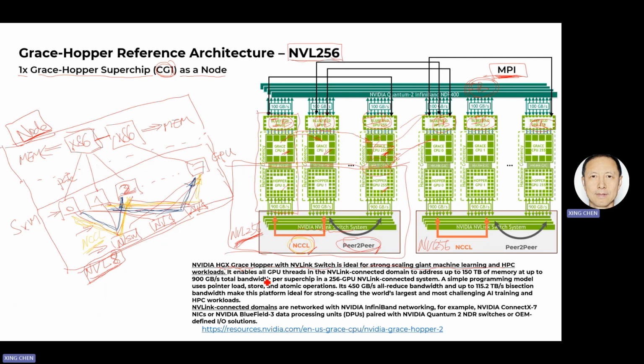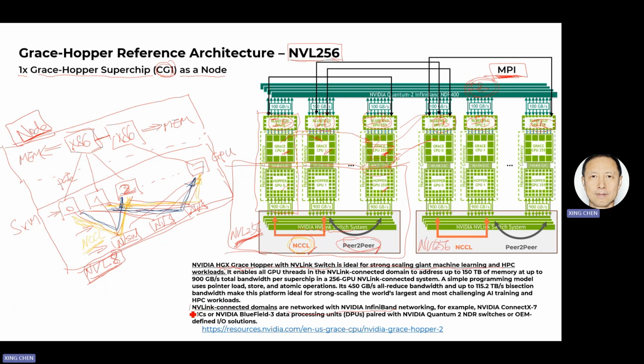And it describes the NVLink connected domains, so NVL 256, for our particular example, these 256 GPUs are networked with Nvidia, oh sorry, I made a mistake.